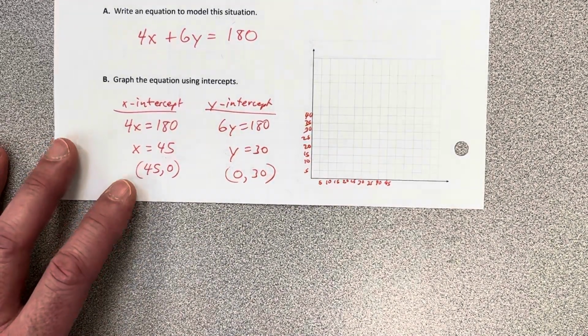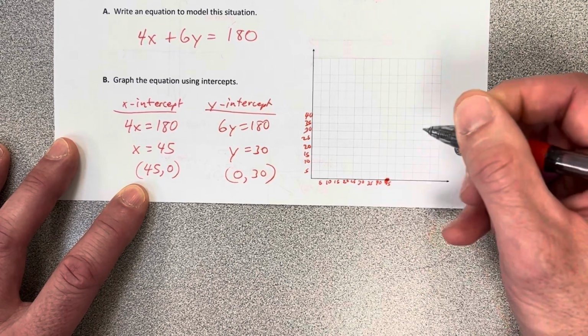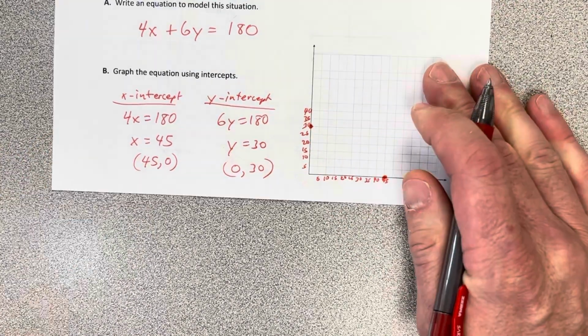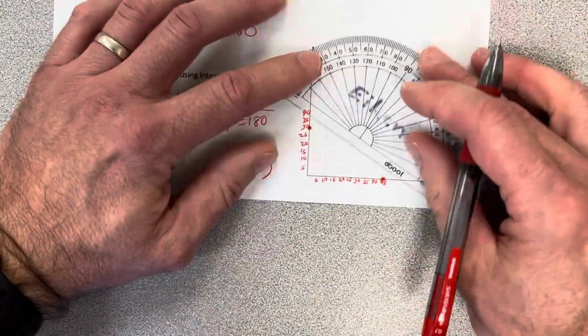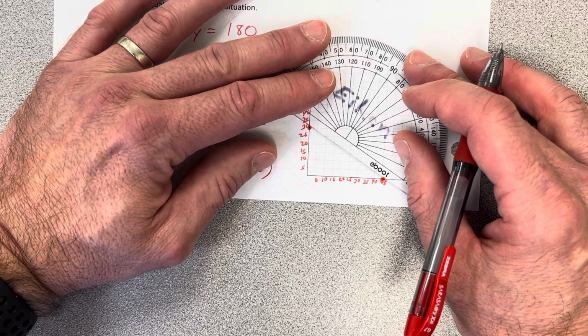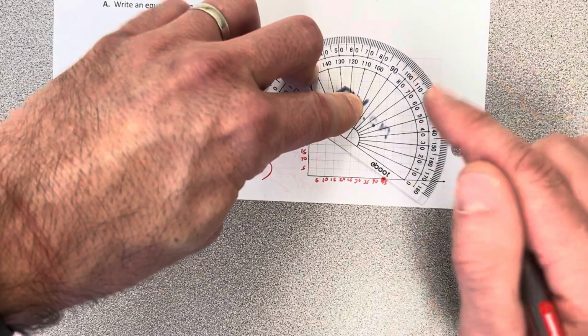All right, so we go 45, 0, make a dot. 0, 30, make a dot. Take your straight edge, connect those dots. And then a common question after you graph your line.